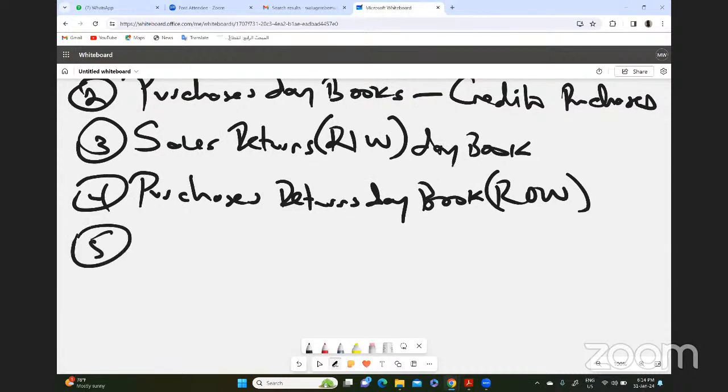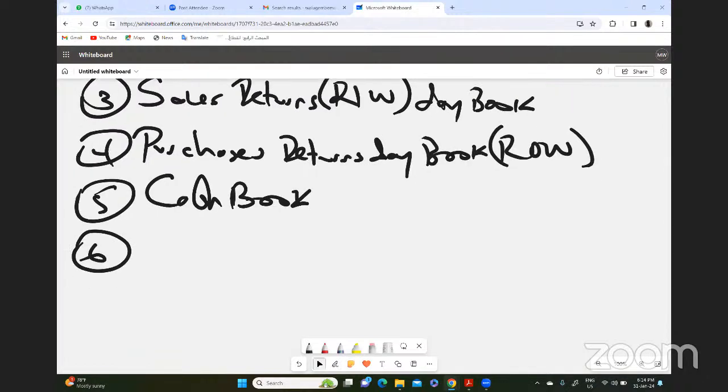We looked at the cash book, which is both a book of original entry and a ledger at the same time. Then our journal. We described each of these in detail.